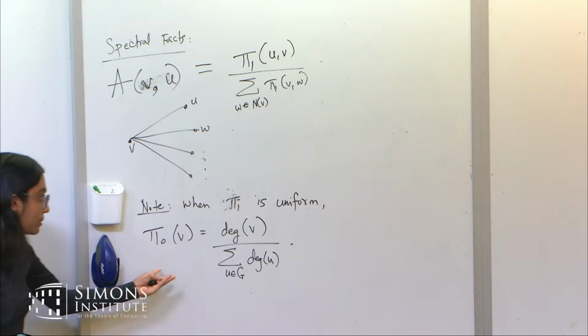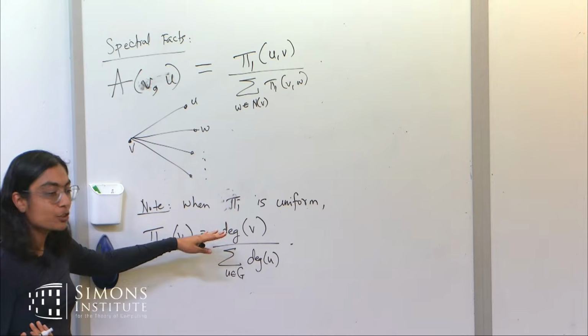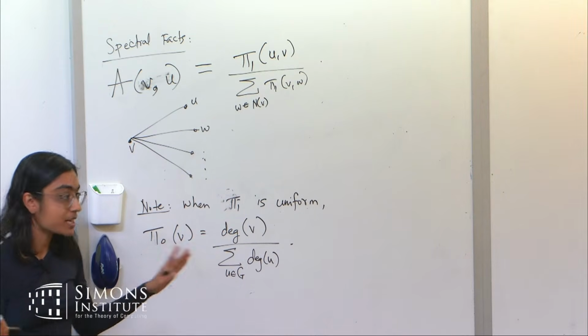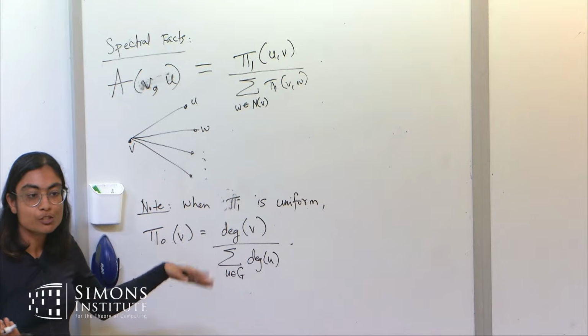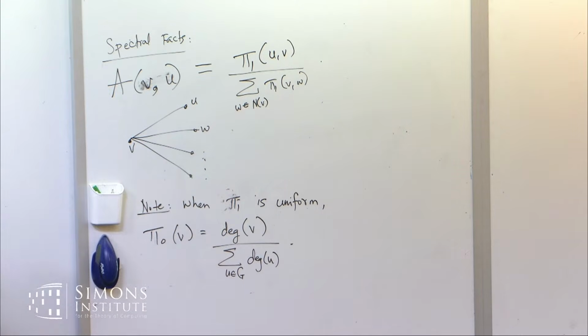So this is the usual case of irregular graphs. And if the graph is regular and pi 1 is uniform? Yes, and if it's regular, the case that we studied last time, pi 0 is also uniform. All the conditional probabilities are also uniform.